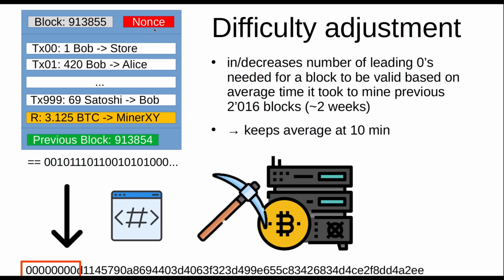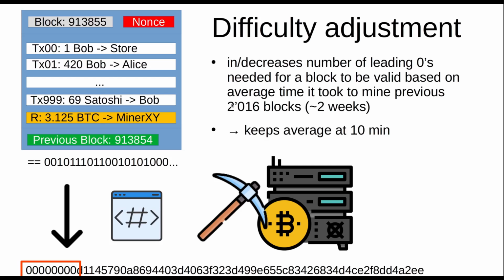But this is why Bitcoin has the difficulty adjustment, which means that all the nodes in the network always calculate the time it took between the last block and the newest one, and then they take the average time between these blocks of the last 2016 blocks, which is about 2 weeks at 10 minutes per block.